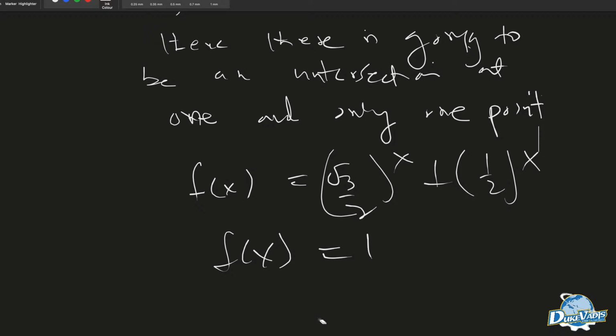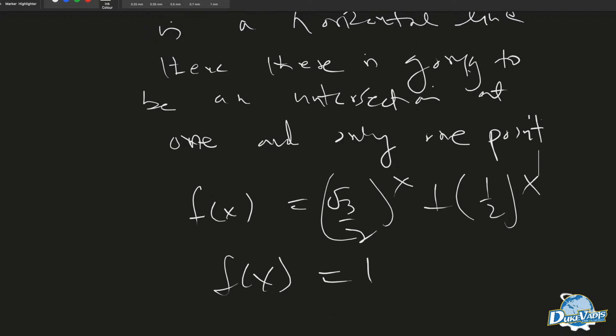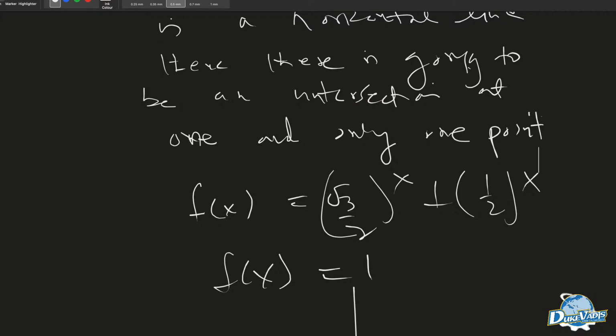If I have this, draw this line very carefully. Beautiful. So if I have this, and this one goes up a bit.